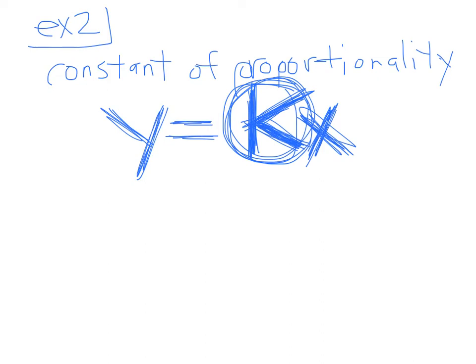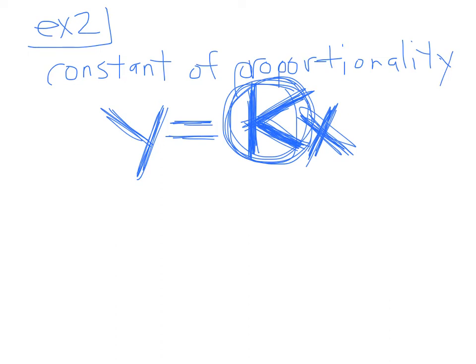So here in example 2, it talks about the circumference of a circle with a diameter of 4 meters. It says is about 12.56 meters. A circle's circumference is proportional to its diameter. Write an equation relating the circumference of a circle to its diameter. What would be the circumference of a circle with a 6-inch diameter?